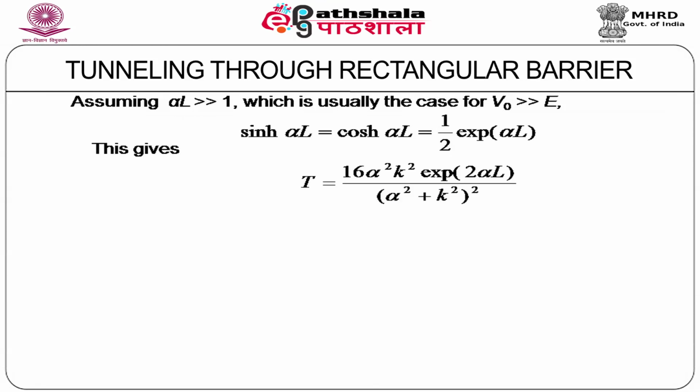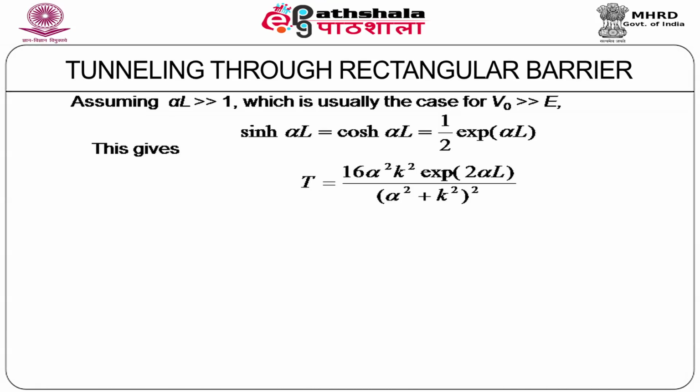So we can make some simplifications, assuming alpha L is very much greater than 1, which is usually the case for V0 very much greater than E. If the height of the barrier V0 is much larger than the energy of the particle, then we are justified in assuming that alpha L is very much larger than 1.